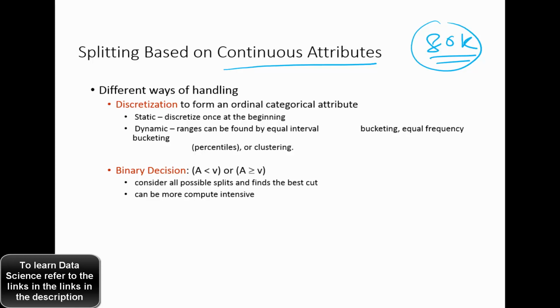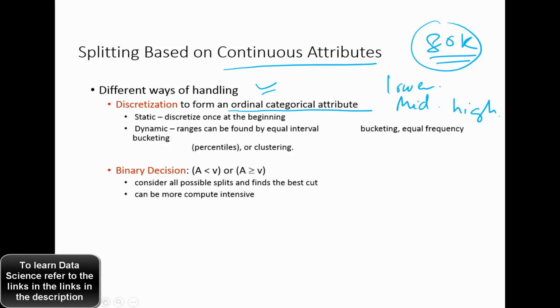There are different ways of dealing with continuous data. Discretization is a way to form an ordinal categorical attribute. That means income group can be lower income group, middle income group, or higher income group. Based on somebody's income, you can categorize them into three types: lower class, middle class, higher class.